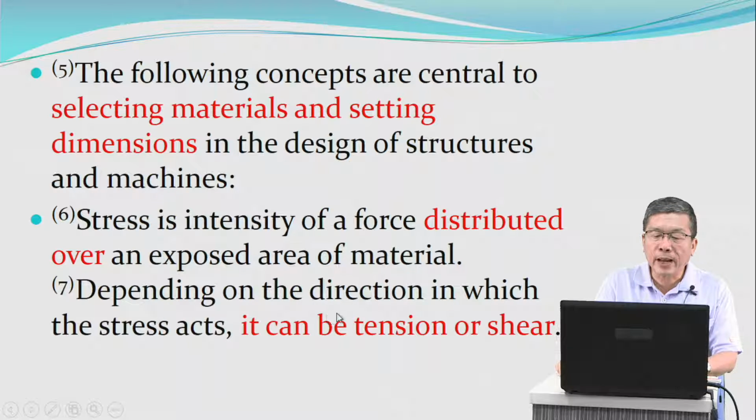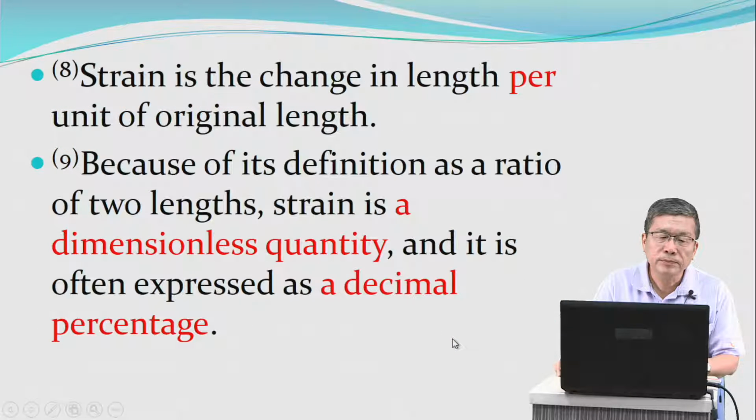Depending on the direction in which the stresses act, it can be tension or shear. Strain is the change in length per unit of original length. Because of its definition as a ratio of two lengths, strain is a dimensionless quantity, and it is often expressed as a decimal or percentage.